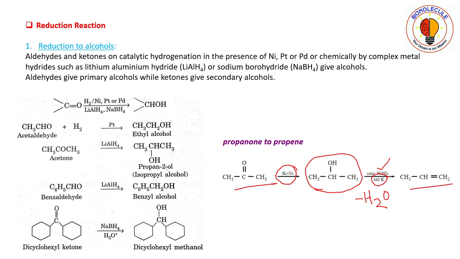Okay, so heating the secondary alcohol in concentrated H2SO4 will lose one water molecule, and it will be converted to the corresponding alkene. See, it's very easy. This hydrogen will go and make a double bond, and this OH will leave. So this one will be like this.